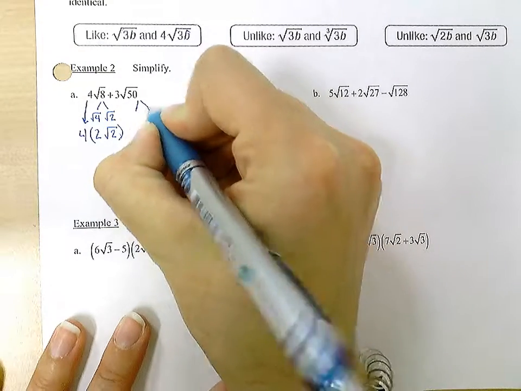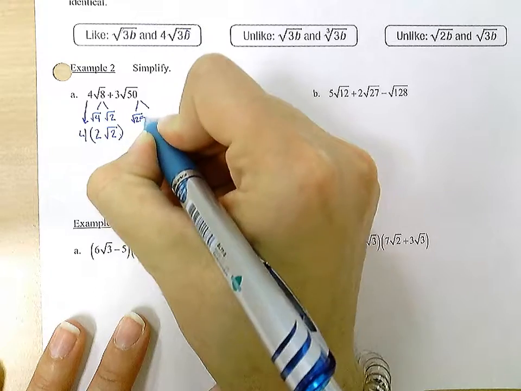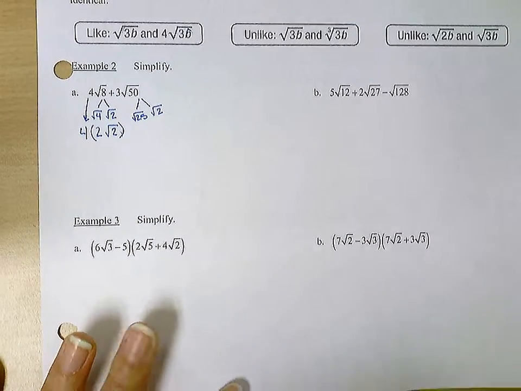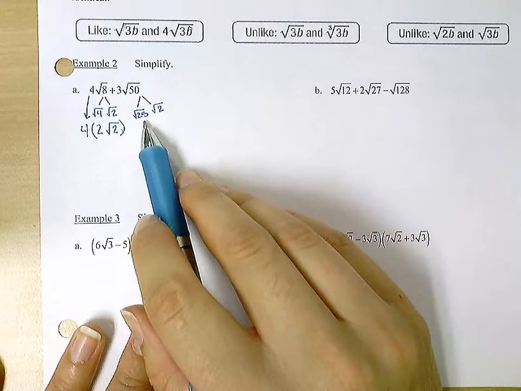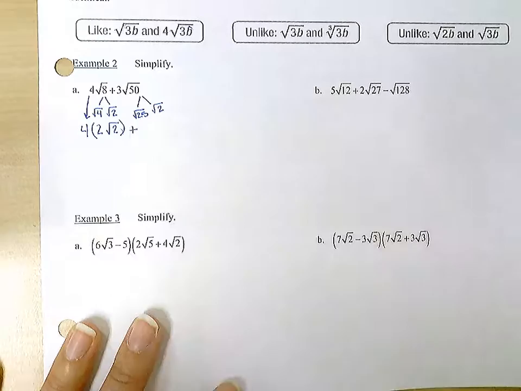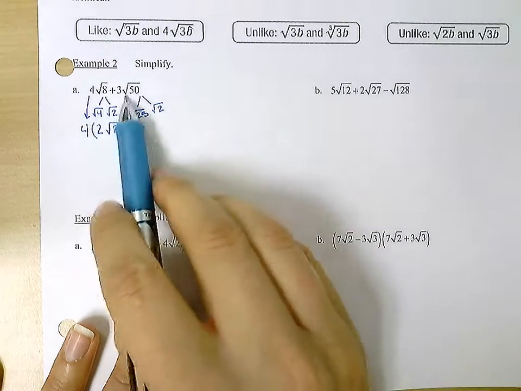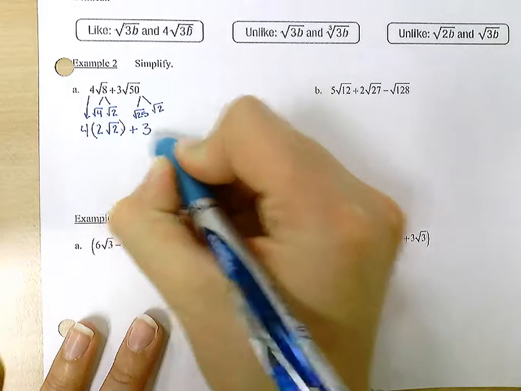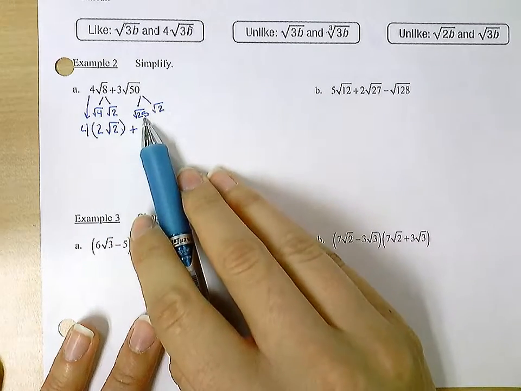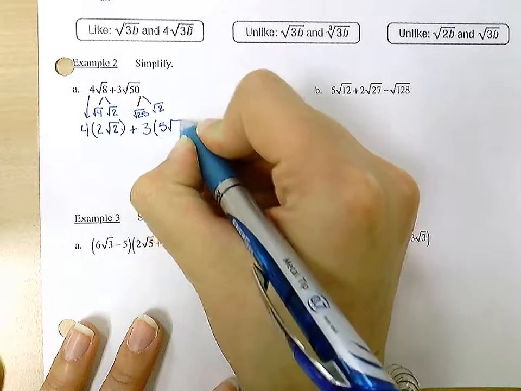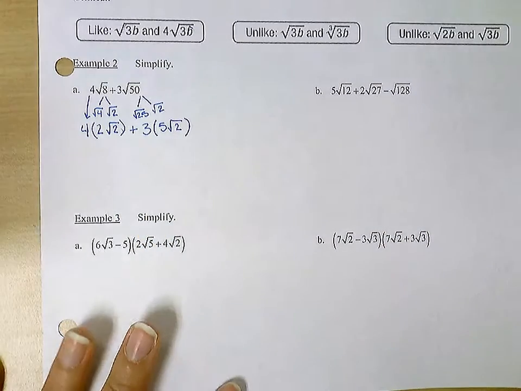So I can split the square root of 50 into the square root of 25 times the square root of 2. I want to do that because I can take the square root of 25. I still have this plus in between my two terms. This 3 still needs to come down. Next, I'm taking the square root of 25, so that's 5, and leaving the square root of 2.